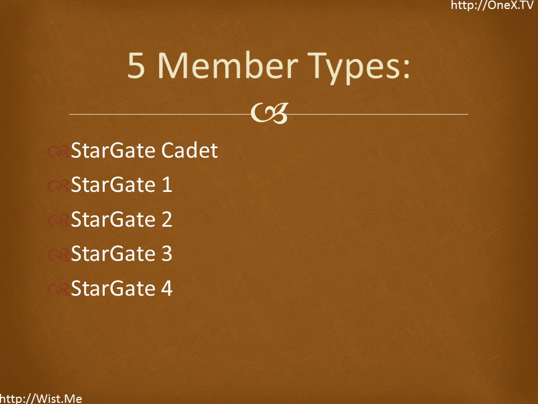Now, how do you go from Stargate Cadet to Stargate 1? How do you go from Stargate 1 to Stargate 2, etc.? There are 2 ways that you can upgrade.